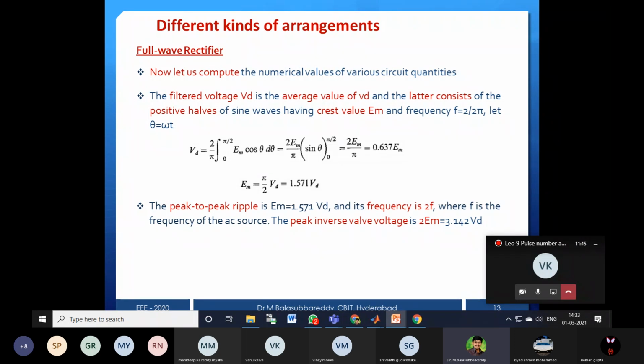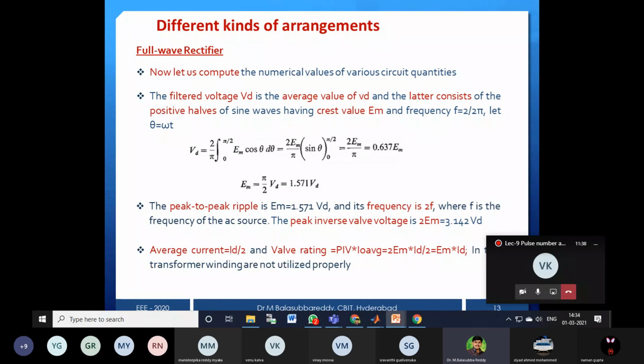For bridge type, peak inverse voltage is Vm, whereas for midpoint type you will get 2 Vm. So automatically the valve rating is more, as well as the cost.